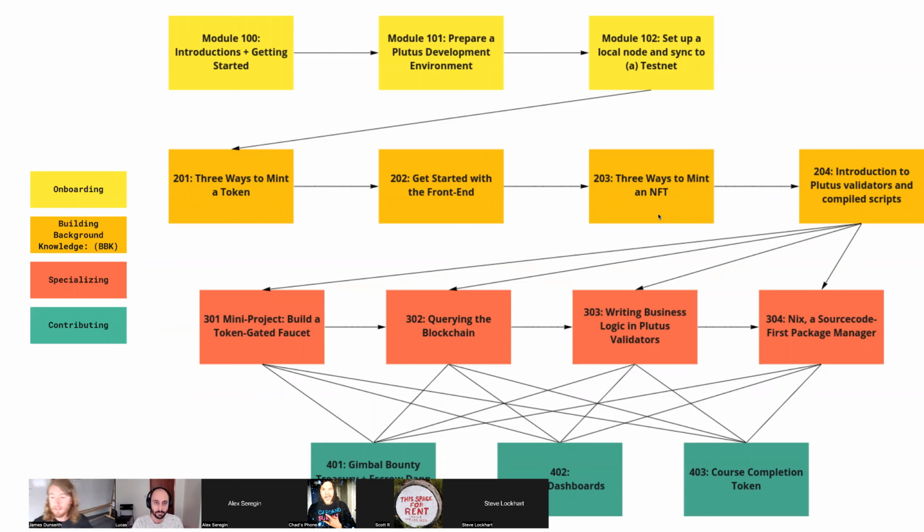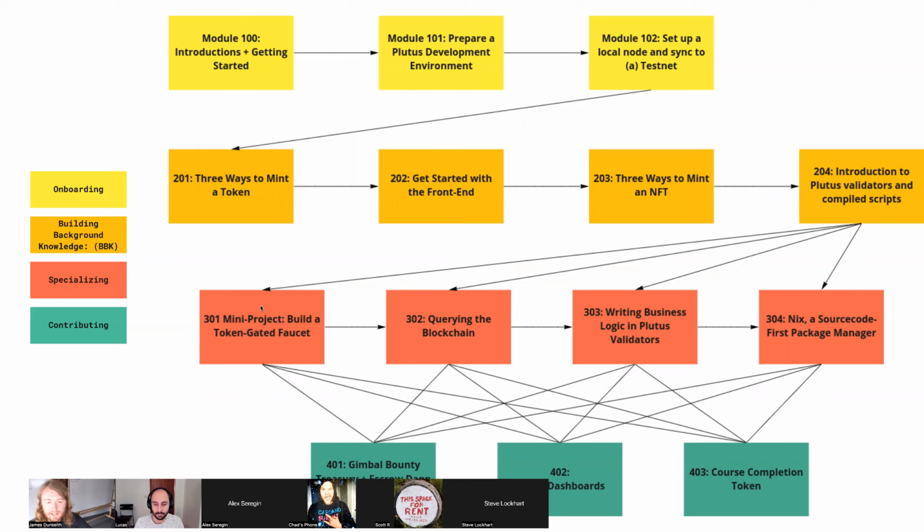So in the course right here, you see module 202 getting started with the front end. And then this 301 mini project ties a couple different things together, both a Plutus contract and the use of a front end and a little bit of querying the blockchain.